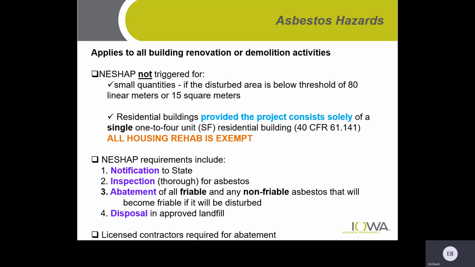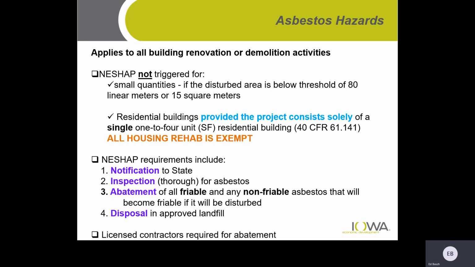There is a minimal standard if the disturbed area is below a threshold of 80 lineal meters or 15 square meters. In residential buildings, if the project consists solely of a single 1 to 4 unit residential building, again, our popular single family residential rehab program, that is exempt.